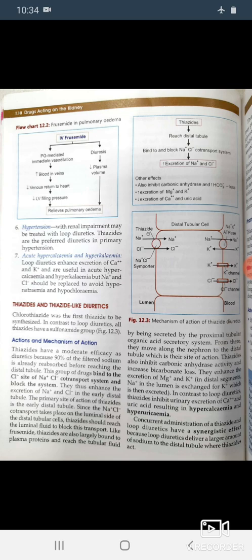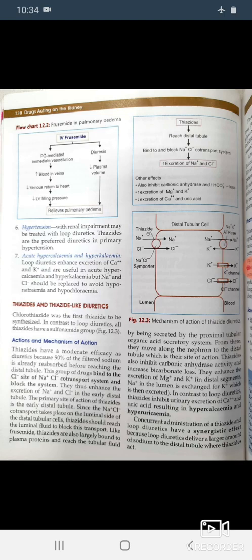Loop diuretics enhance the excretion of calcium and potassium. If there is a higher level of calcium in the body, it is known as hypercalcemia, and when there is a higher amount of potassium in the body, that is hyperkalemia. To treat these, these drugs can be used.